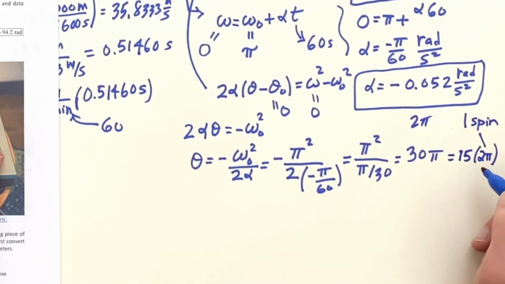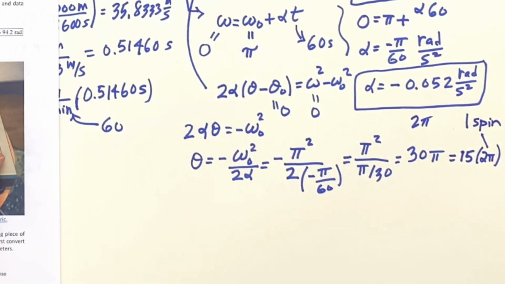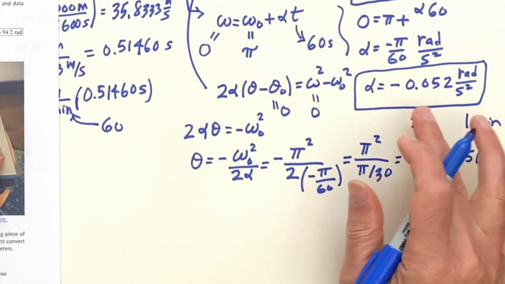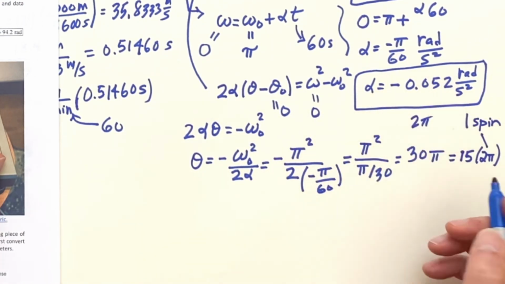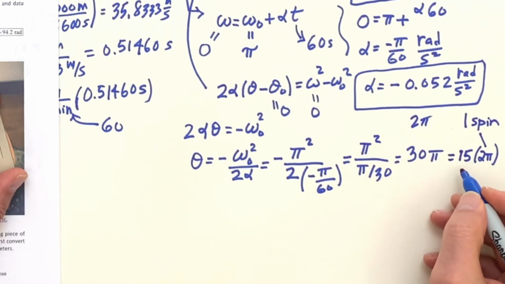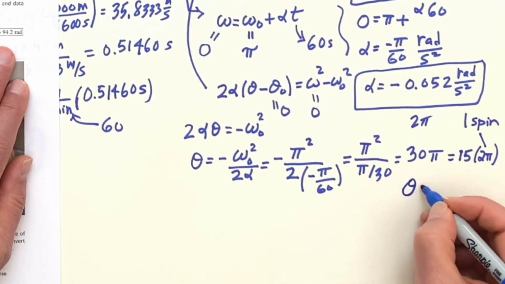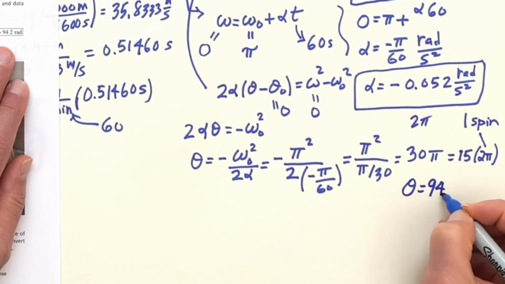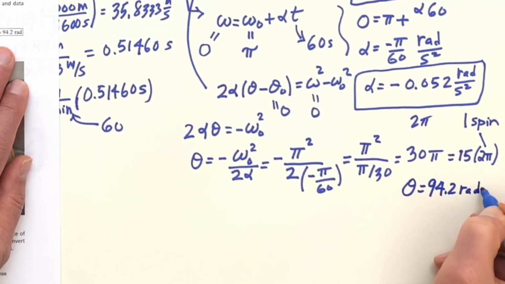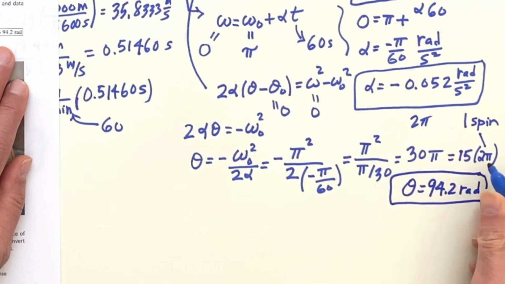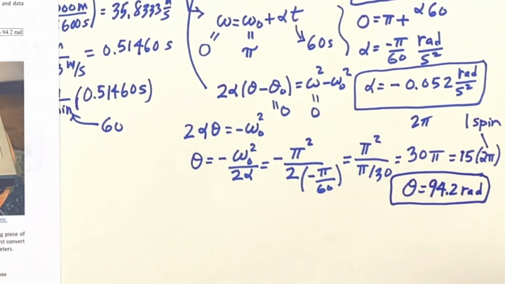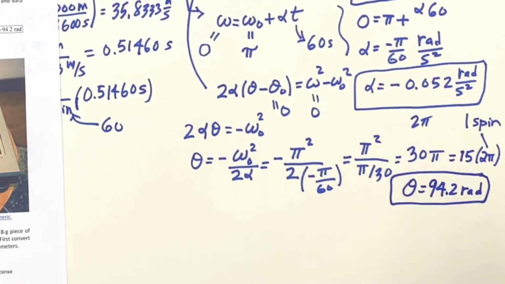So it's spun around 15 times during that minute it took to stop. Very nice problem. So if you want, you can work this out. 30 times pi, you get 94.2 rads, but I think it's more interesting to just note that it spun around 15 times. That means more to me than 94.2 rads.